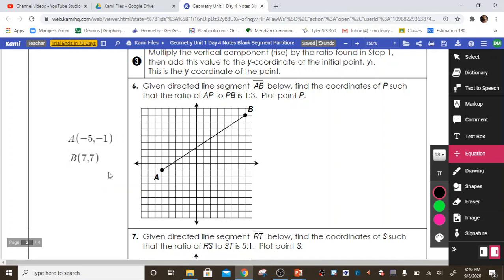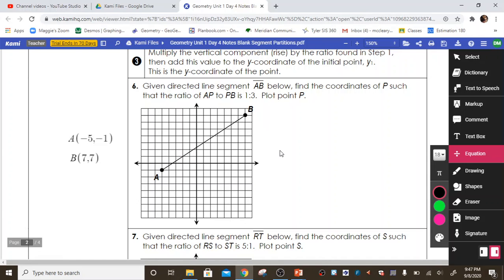So step 1, we need a ratio. So this is saying to find the coordinates of P such that AP, and P is going to be somewhere around here where my mouse is, AP to PB is 1 to 3. So if this segment is 1, and we pretend that P is right here, so we've got this AP is 1, and this PB is 3, then the entire length is going to have a multiplier of 4.